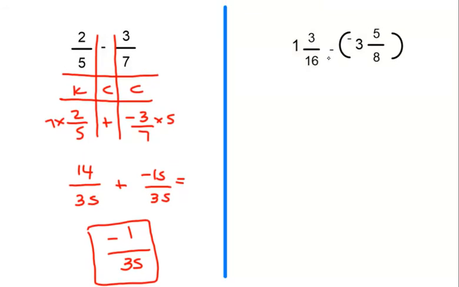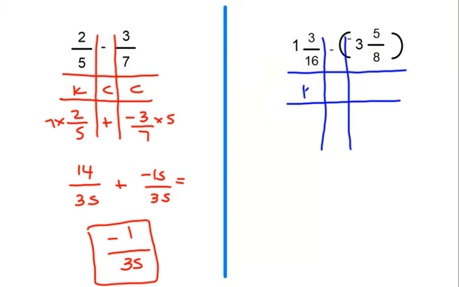All right, so over here I have some mixed numbers, and I'm going to make my tic-tac-toe. So I'm going to do keep, change, change. And as I bring them down, I'm also going to make them an improper fraction just to save some time. So 16 times 1 is 16 plus 3, so that's going to be 19 over 16.